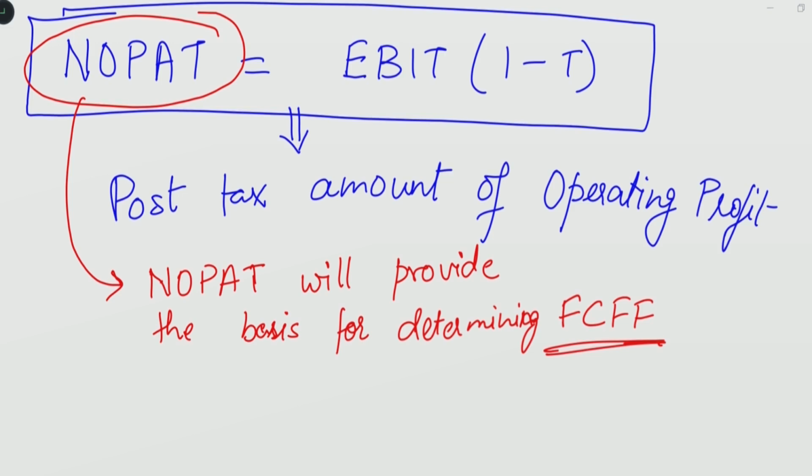So now the obvious question is, how do you determine FCFF from the amount of NOPAT? The point is very simple. I'll just explain it to you. You start with the net operating profit after tax, NOPAT.